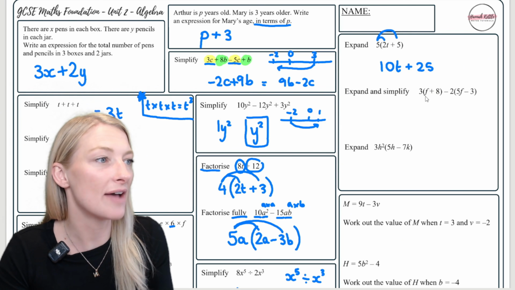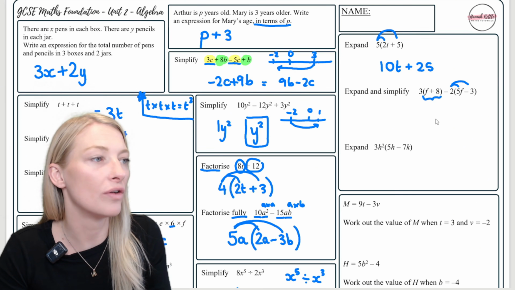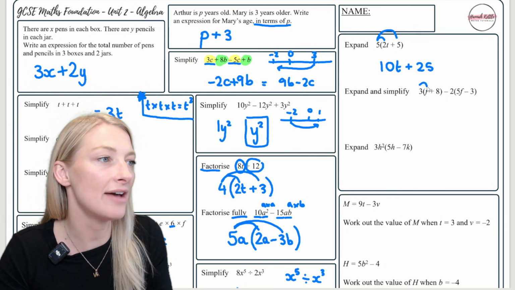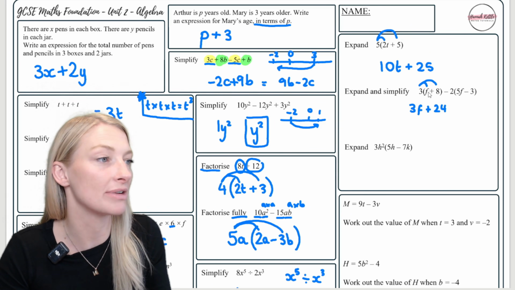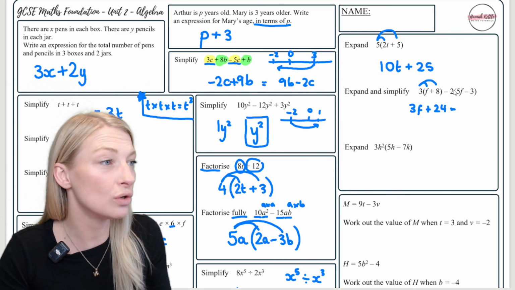For the next bit, I've got 3 lots of this bracket, and then I'm taking away 2 lots of this bracket. Okay, so let's do that in turn. 3 lots of f and 3 lots of 8 is 3f add 24, because that's 3 times f and 3 times 8. And then I'm taking away 2 lots of 5f, which is 10f.